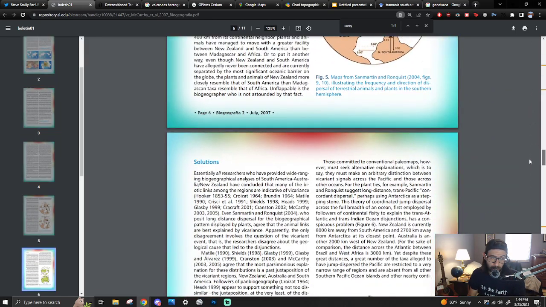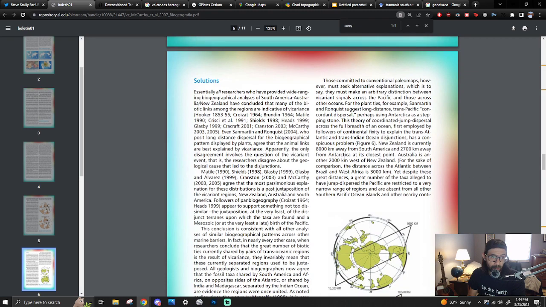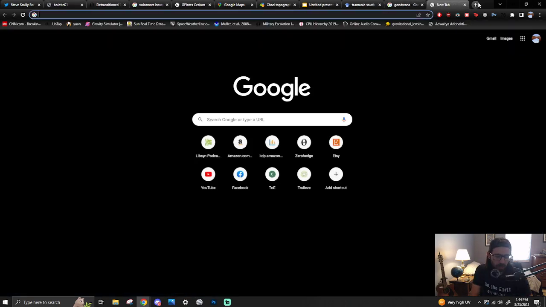So if we look down here, essentially all researchers who have provided wide-ranging biogeographical analysis of South America, Australia, New Zealand have concluded that many of the biotic links among the regions are indicative of vicariance. I'm not even sure what that means, but let's check it out.